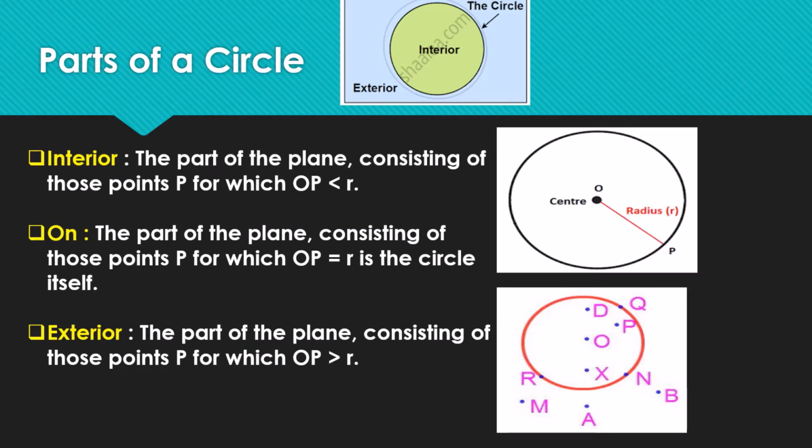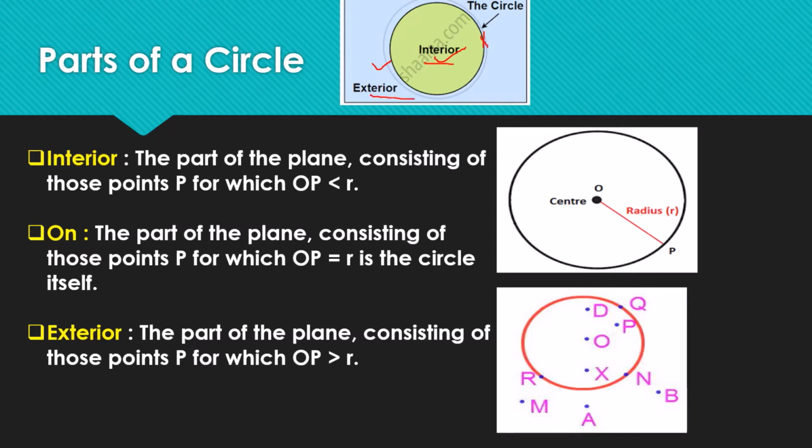Now, a circle also has an interior, an exterior, and the circle itself. We discussed earlier that exterior is the outer part, interior is the inner part, and for the circle or any figure we discuss the boundary, interior and exterior.